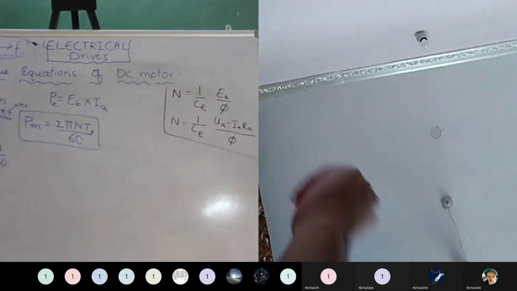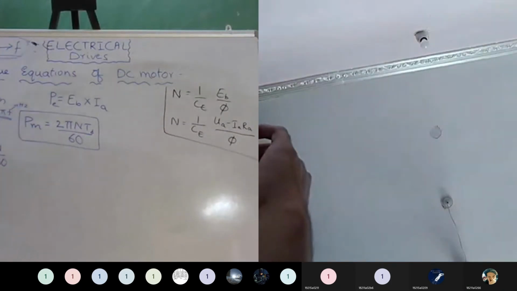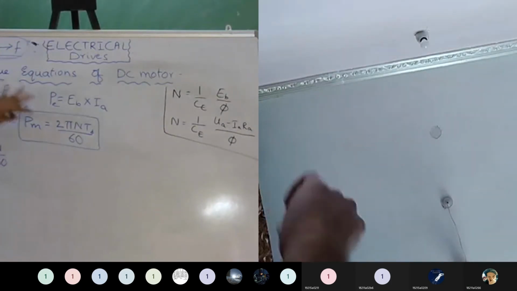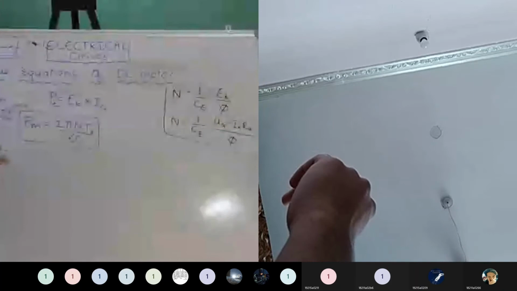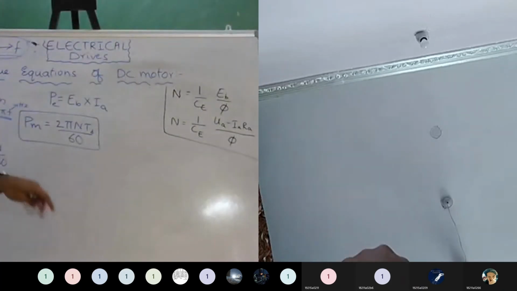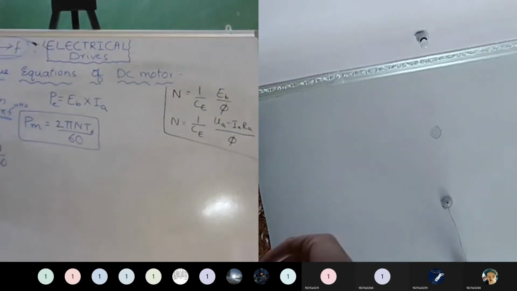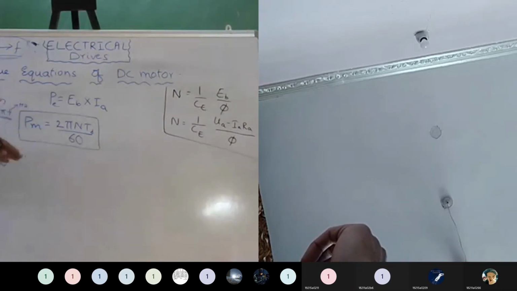See, why I am saying this one by one is so that you people should not mug up. If you mug up, you will forget everything. You can ask me. So many people have this doubt. Sometimes we write omega is equal to 2 pi f, sometimes we write 2 pi N. So what is the relation between hertz and revolutions per second? This also you people have to know. If you know that one, conversion is very easy.